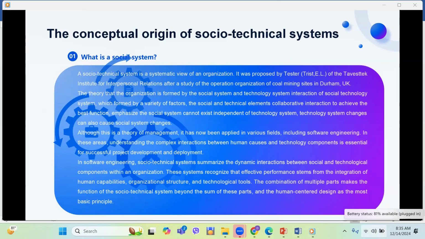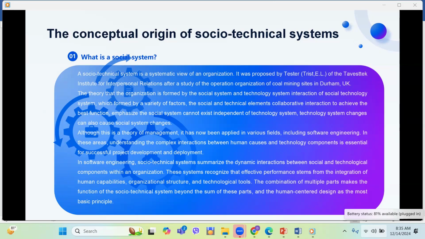The theory holds that the organization is formed by the interaction of the social system and the technology system. A sociotechnical system is formed by a variety of factors, with social and technical elements interacting collaboratively to achieve the best function, emphasizing that the social system cannot exist independent of the technology system.